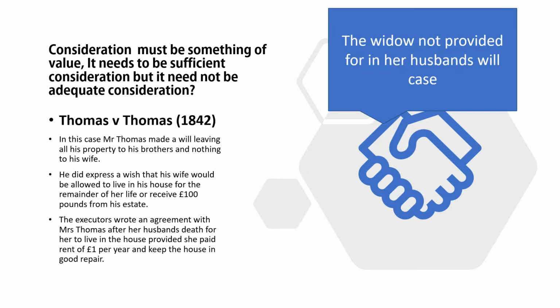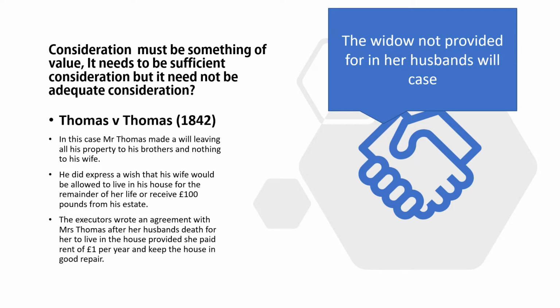Let's look at the case of Thomas and Thomas, 1842. In this case, Mr. Thomas made a will leaving all his property to his brothers, and he left nothing to his wife.